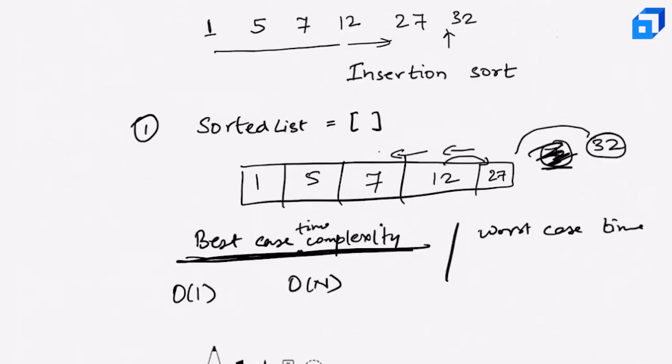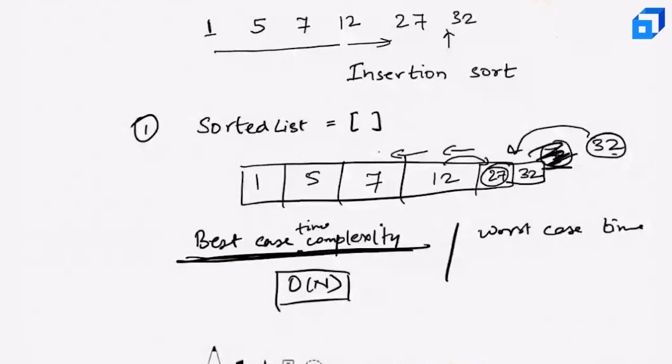Best case is I look at the first element and I find that 32 is bigger than that, and therefore 32 just gets inserted here. It is for the addition of the new element. Order 1 is the best thing that you can do, but you'll have to add n such elements. So if you do order 1 for n elements, you'll end up with order n best case complexity. So in the best case, insertion sort will take order n time.